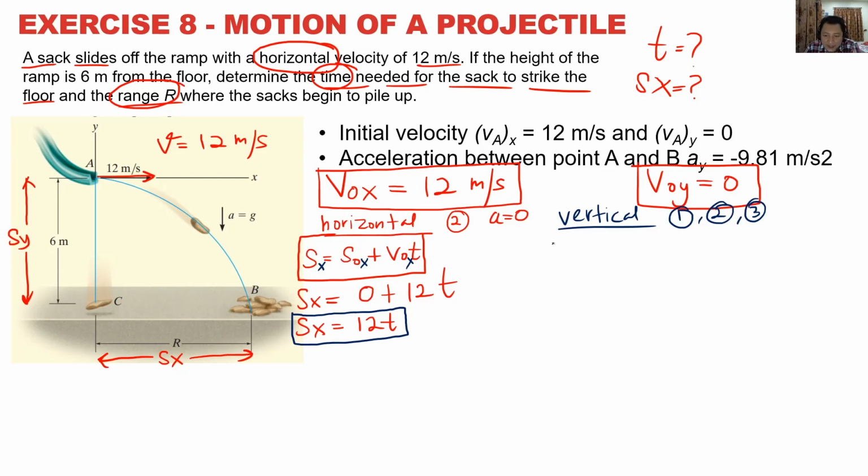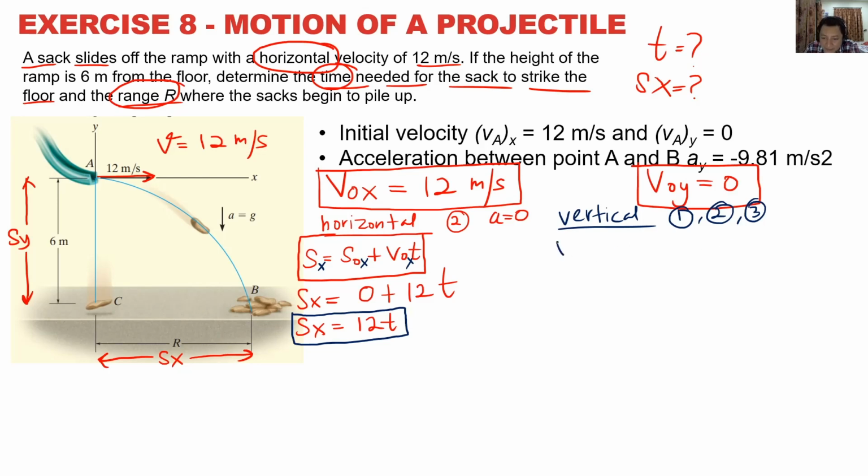Sy is equal to S naught y plus V naught y T. Is this telling you something? Displacement y, you know already, 6 meter. Is this thing correct? It doesn't seem right. Let's take a look back at this equation.